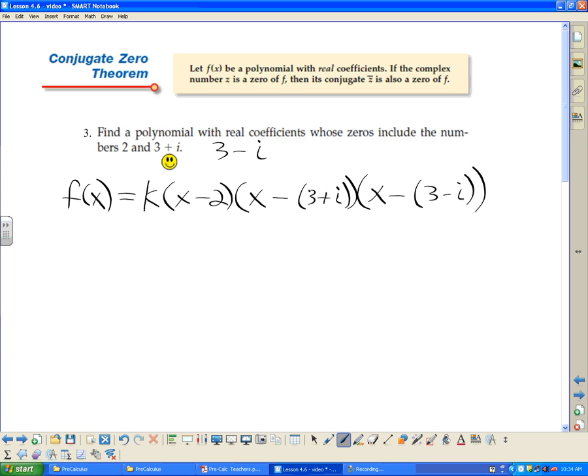And so in this case, they don't give us an x value and a y value like they have in previous problems. So we don't need the value of k. We're just going to assume that it's 1 for this problem. Okay. Now, the next thing we're going to do is simplify this, and we will work with the complex coefficient factors first.